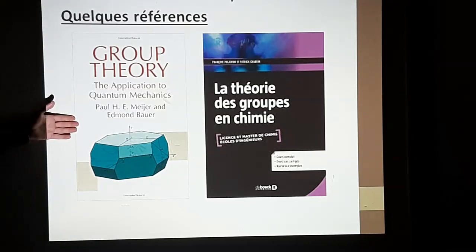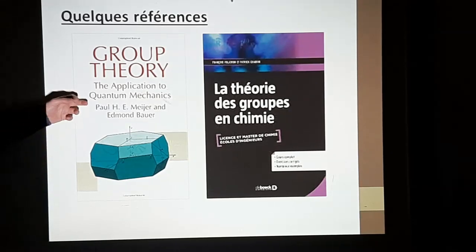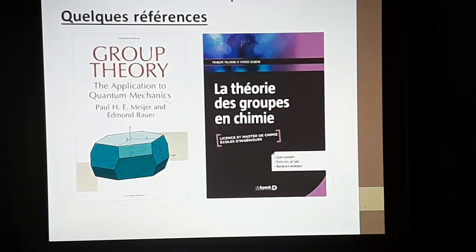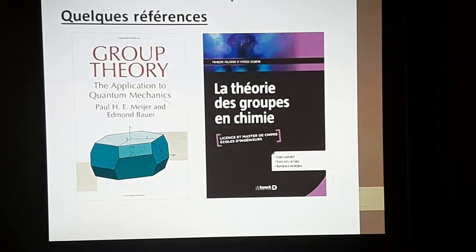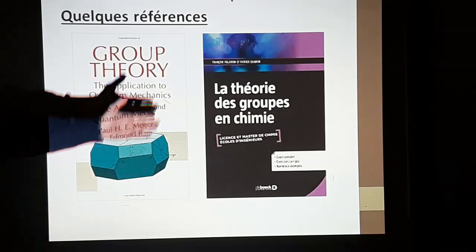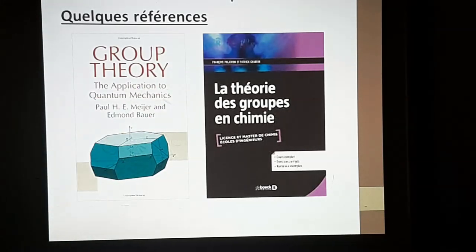One good book that I use for the first 3 chapters would be Group Theory Application to Quantum Mechanics by Paul H. Meijer. And as for the application of group theory to molecular spectroscopy and quantum chemistry, there are several books for that. For example, this is one of the books in French.